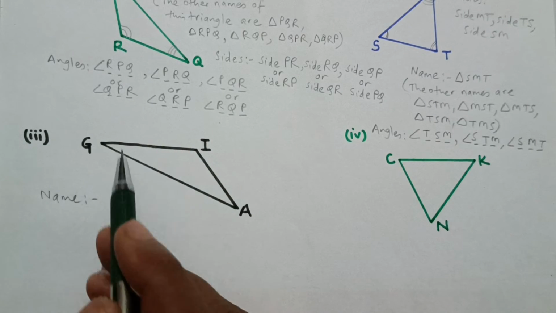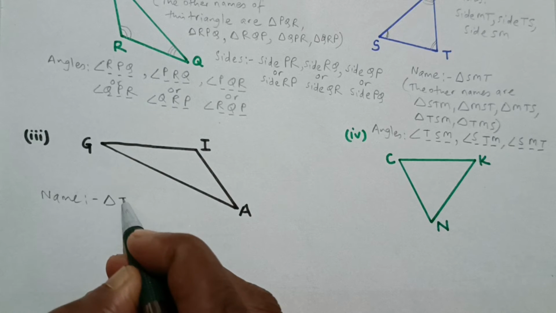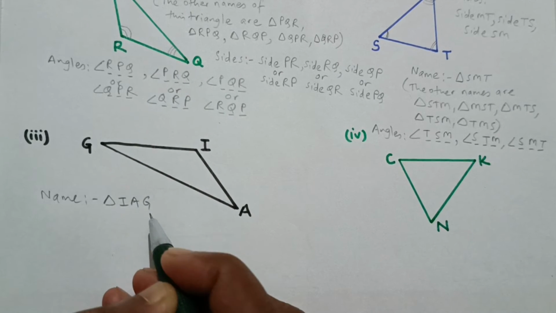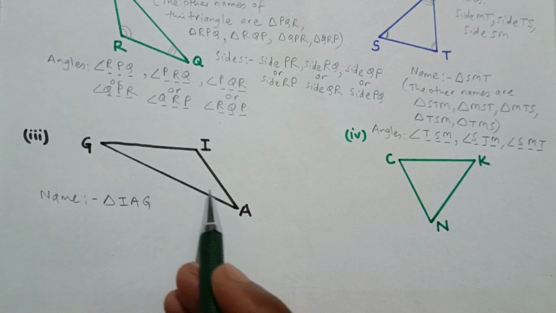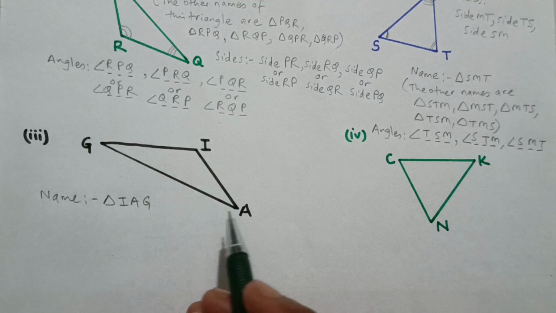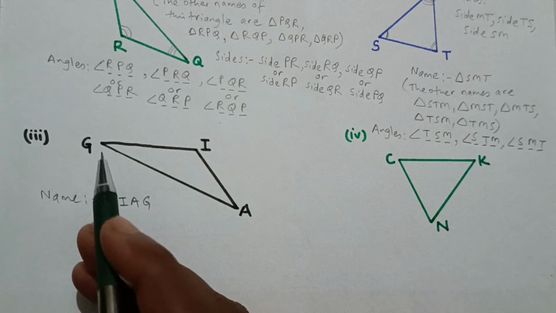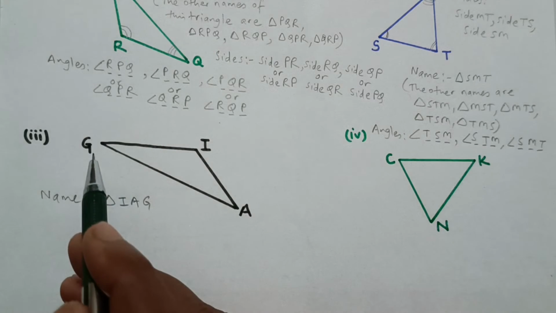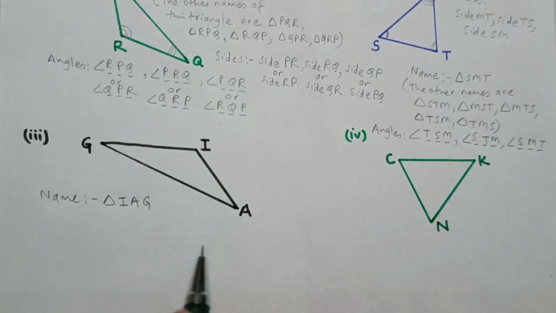I will call this triangle triangle IAG. But you can also call it triangle IGA, triangle AIG, triangle AGI, triangle GIA or triangle GAI. You can call it by any one of these names.